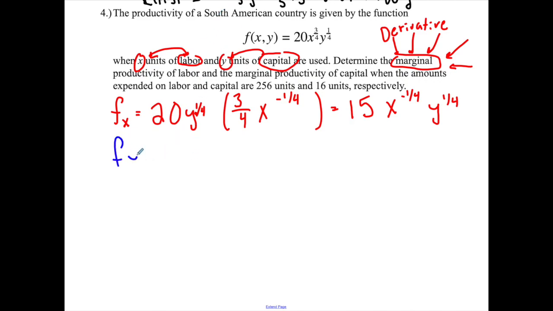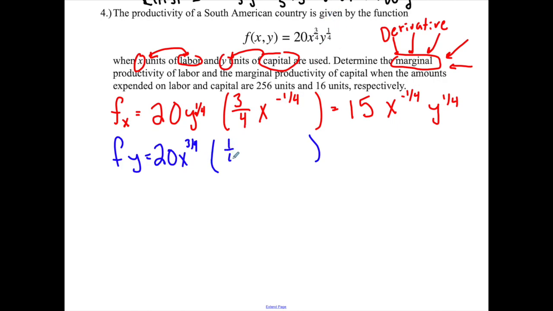When you think about marginal productivity of capital, that's when you differentiate with respect to y, because y represents capital. So now I'm going to treat x to the 3/4 and 20 as if those are constants, and I'm going to differentiate y to the 1/4 using the power rule.